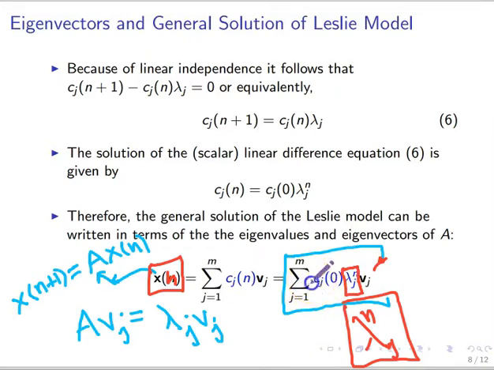Okay, and so this here looks kind of distracting. c sub j at 0, that's a coefficient, supposed to be a time-dependent coefficient. It's a way of expressing it, but I think the message you should take home is this is a linear combination. That state variable vector containing all the population sizes for each age group is a linear combination of the eigenvectors that is scaled, or reshaped, by the powers of each eigenvalue of the Leslie matrix.